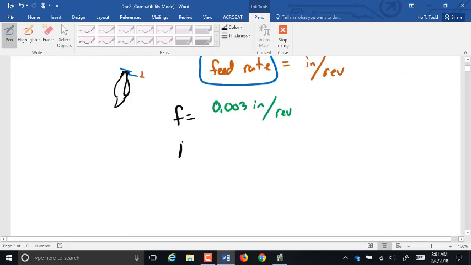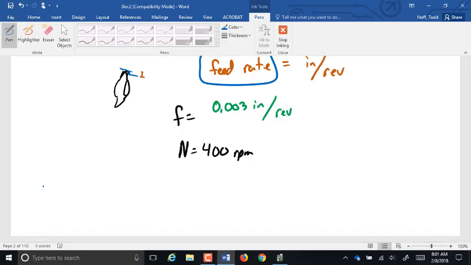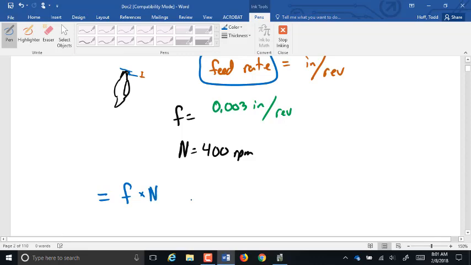If your RPM is 400 RPM, revolutions per minute, the rate at which your tool advances is going to be your feed rate times your RPM.